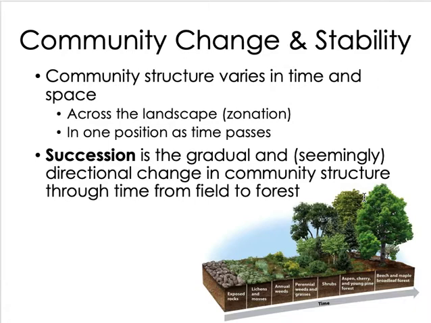And talking about the changes in the structure after a specific disturbance, or after a certain period of time, there is what we call ecological succession. So when you say ecological succession, it is a gradual and directional change of community structure through time, from field to forest.